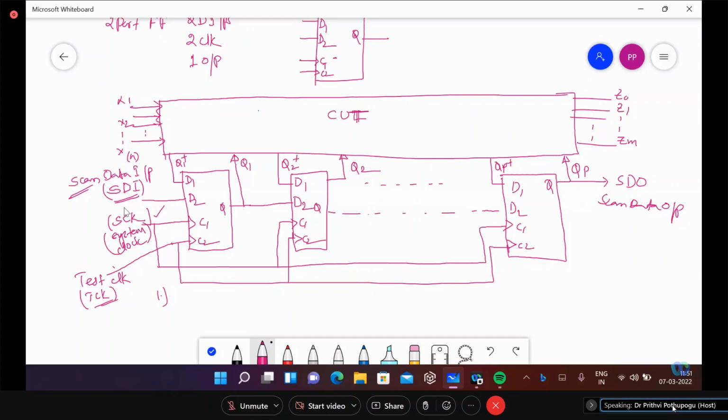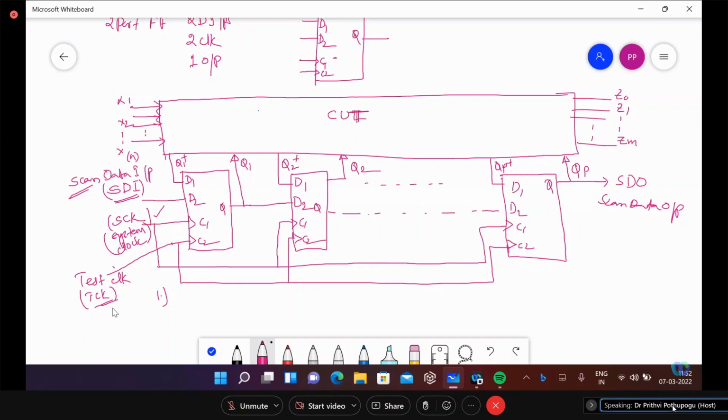Both can be done in one slot if you apply system clock and test clock at a time.